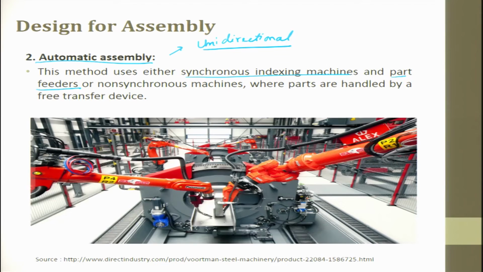The parts are dropped one after the other at the required place and then you can use a robot to assemble, or you can also use some other automatic devices to get it done. Non-synchronous machines are those where the cycle time for every operation is different. So, here you can feed the parts for free transfer and other things. So, this is automatic assembly.